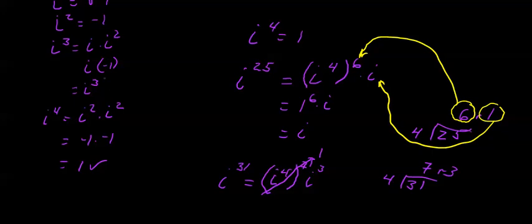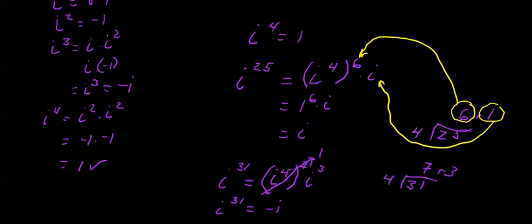And i cubed, remember, is equal to, I made a mistake there, negative i. I think I said it right. All right, so i to the 31st equals negative i.